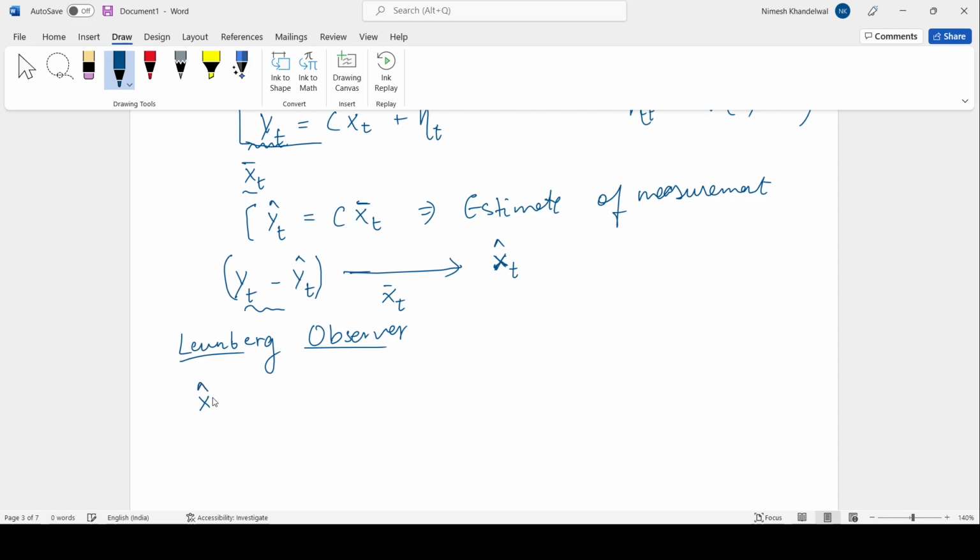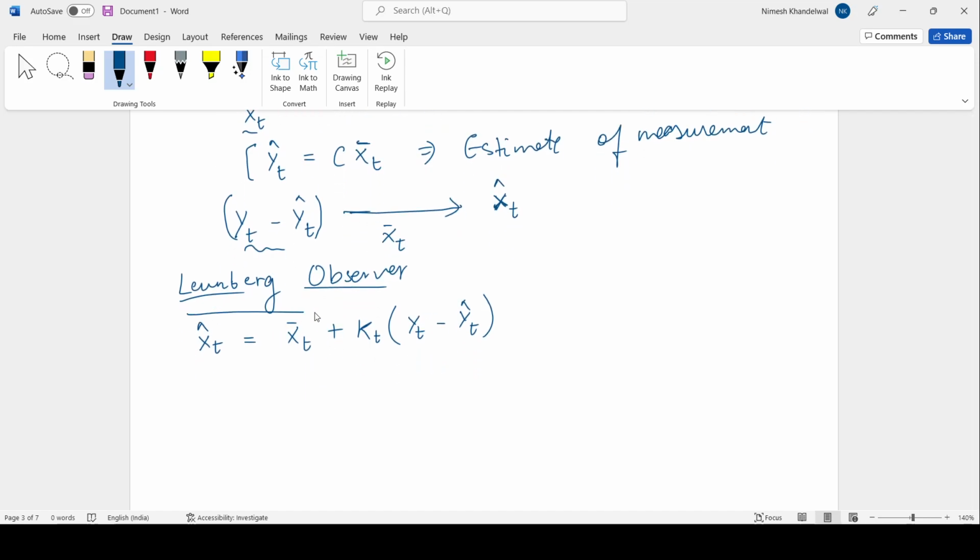I say that my x hat of t is just a combination of my predicted state plus some gain K_t times the difference between my actual measured value and my predicted measurement. So this is the observer that we used in our Kalman filter.